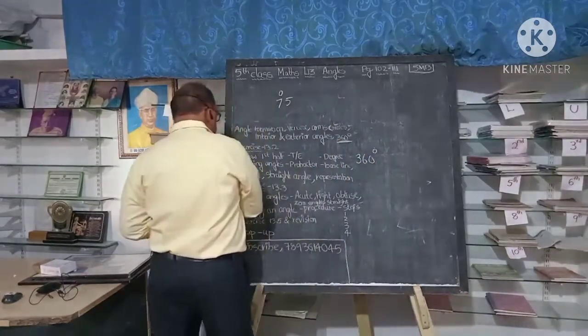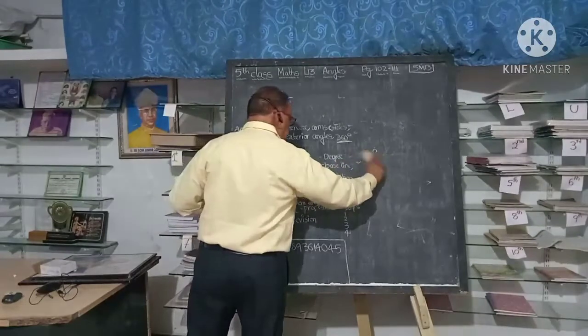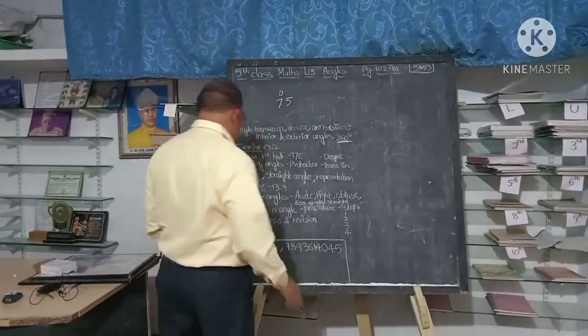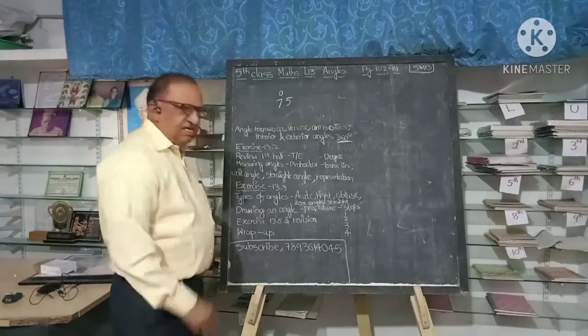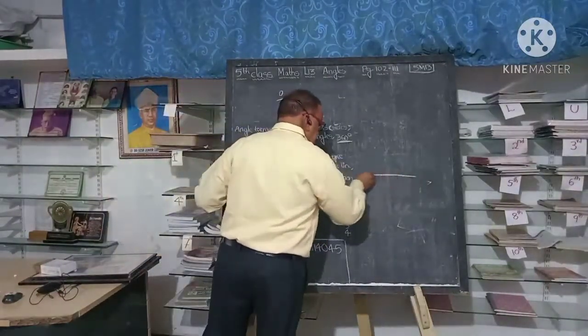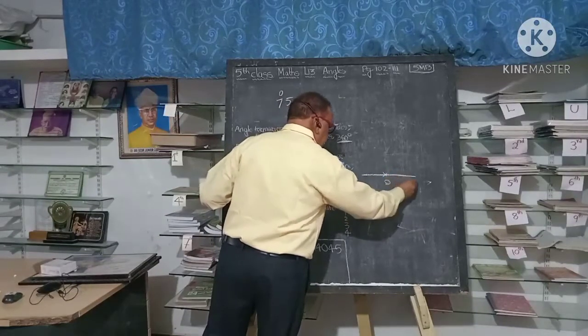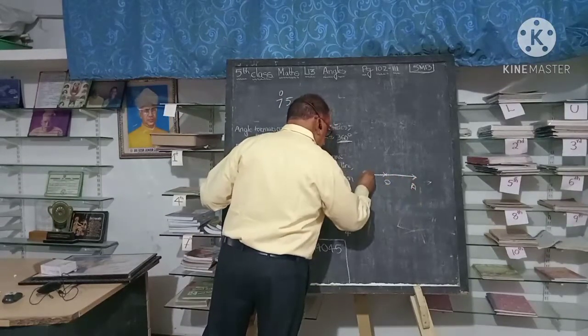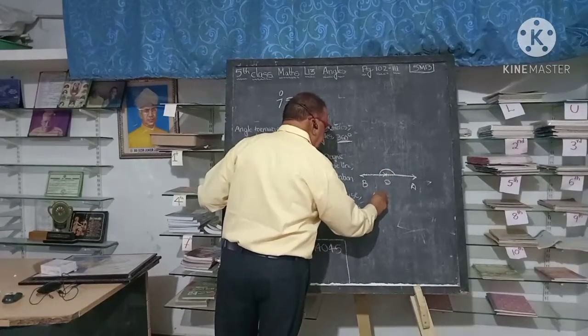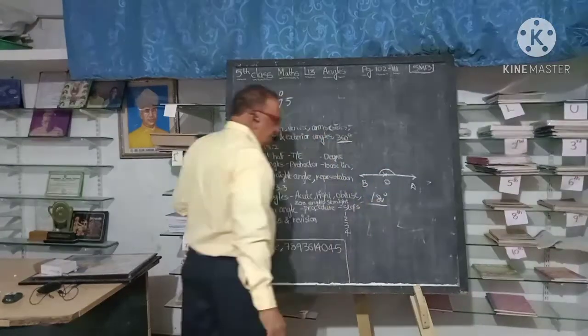So I told you how to measure an angle, protractor, and unit angle. Unit angle means one angle. So if you take a straight line, say O, this is A, B. I told you this angle is 180 degrees, right?